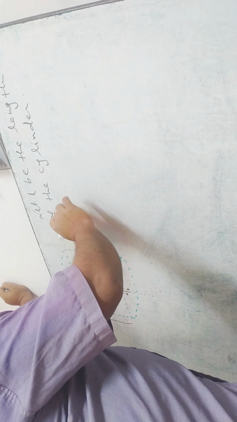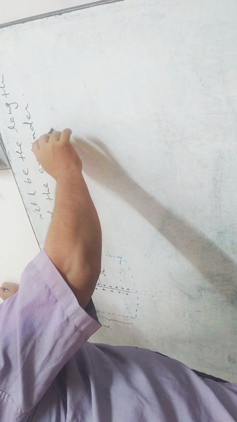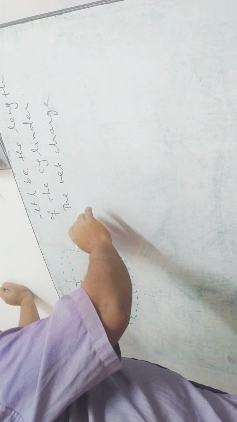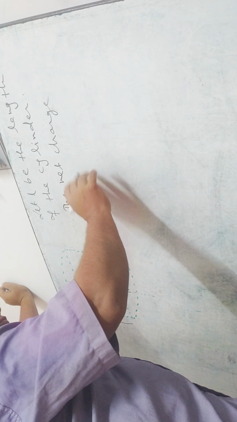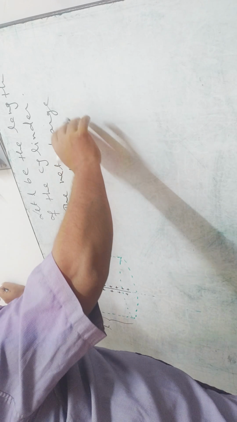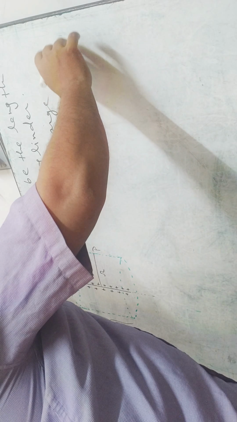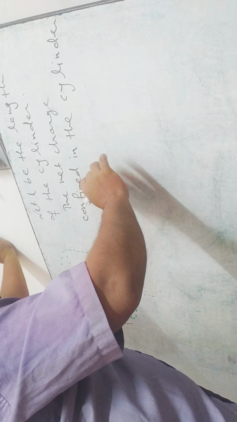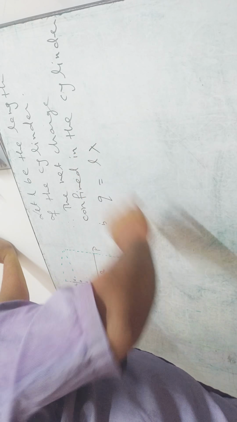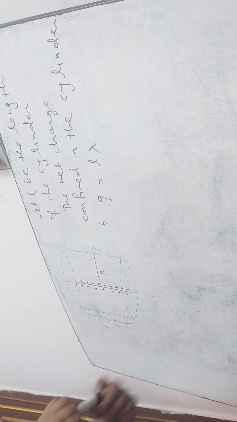So therefore, the net charge confined in the cylinder is Q equal to L into lambda, because lambda is the linear charge density.